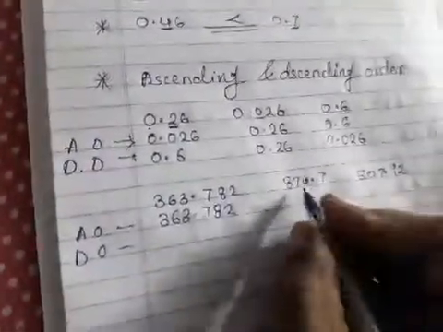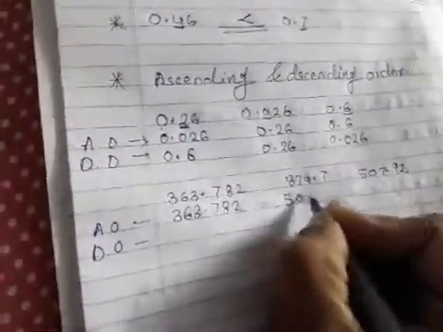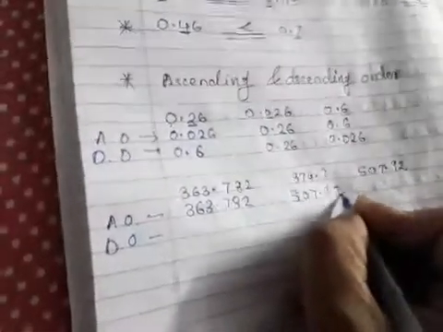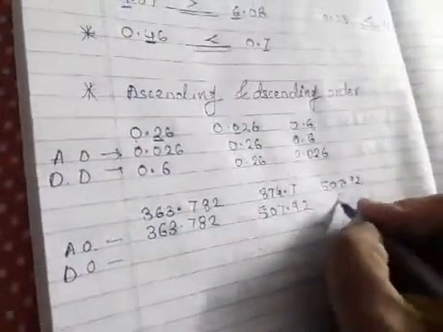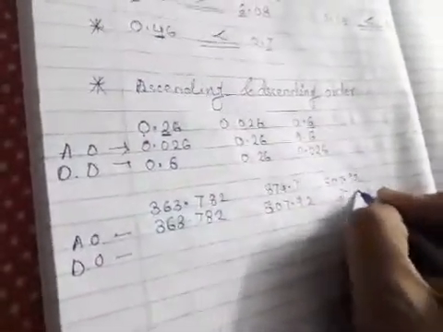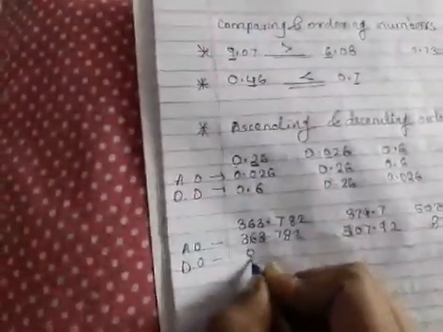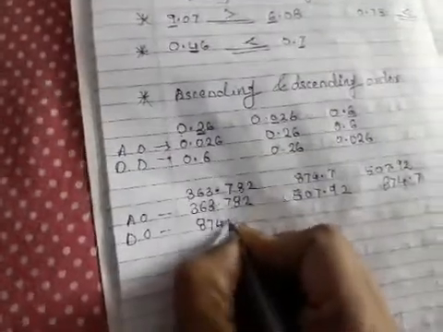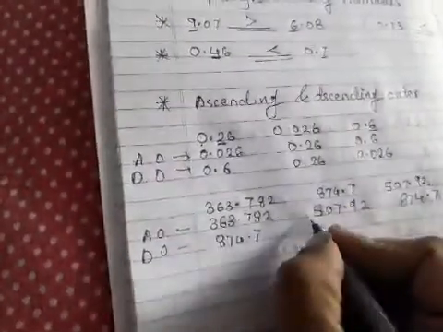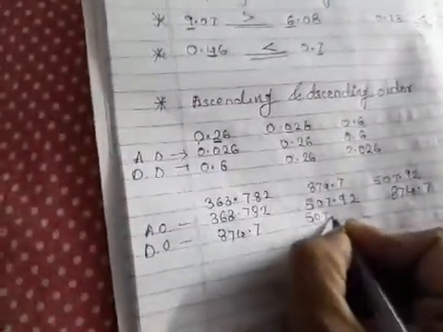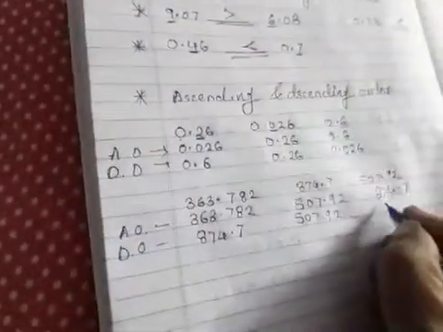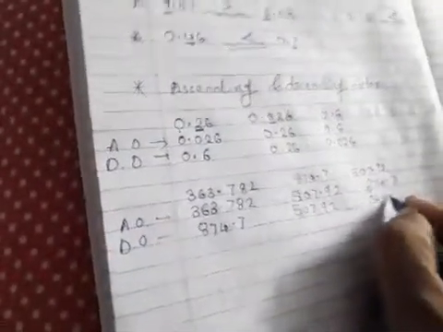Then 507.92 is the in-between number and 874.7 is the greatest number. Same here for descending: 874.7, 507.92, 363.782. Okay.